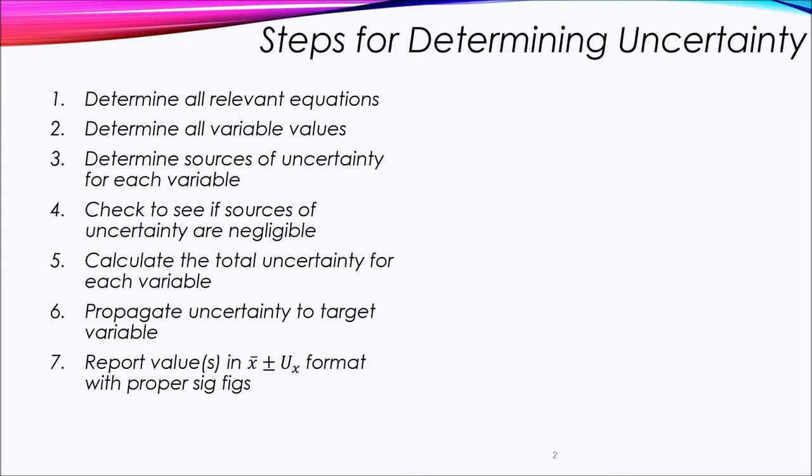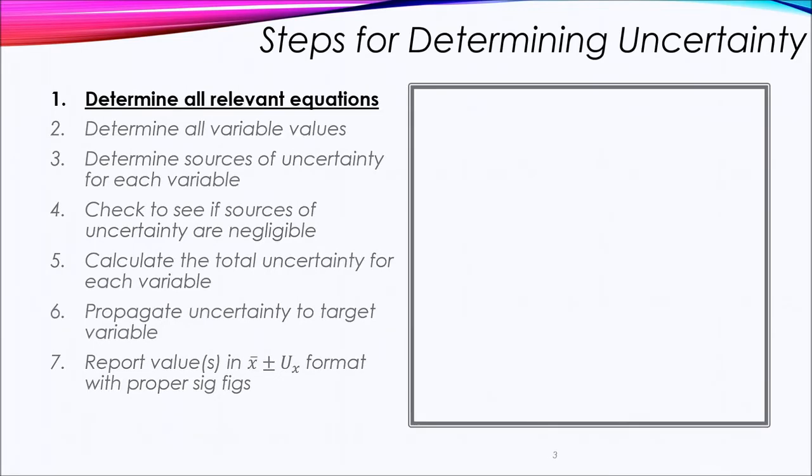And I'll walk through each of these steps one by one in order to give a few extra details about each of them. Starting with the first item, determine all relevant equations. Quick note about this is that it may involve multiple equations.